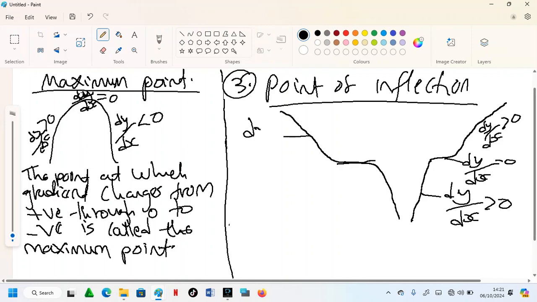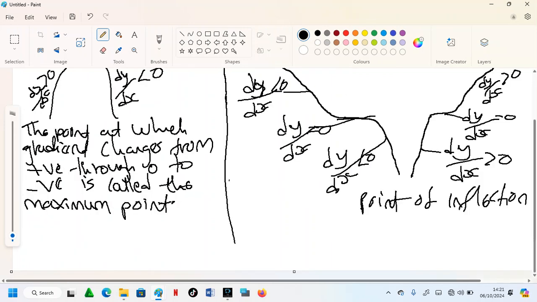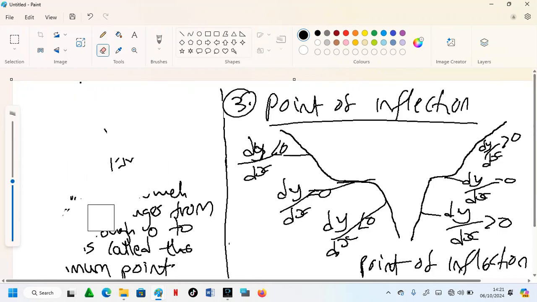And of course, the opposite also happens here. dy dx is less than 0. Here, dy dx is 0, and it continues being less than 0. Then in this case, this is the point of inflection, where the gradient remains the way it was after turning.